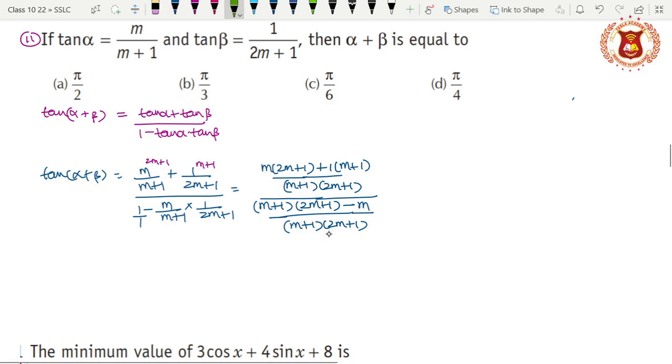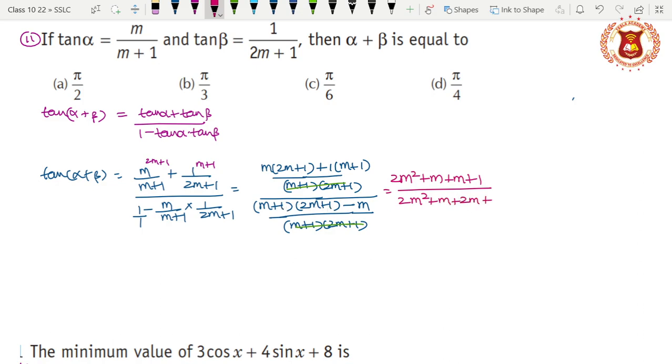And here both the denominators are cancelled. I will get m into 2m is 2m square, plus m plus 1, divided by m plus 1 into 2m plus 1. Here m into 2m is 2m square, and m plus 1 into 2m plus 1 is 2m square plus 3m plus 1, minus m, so the denominator is 2m square plus 2m plus 1.